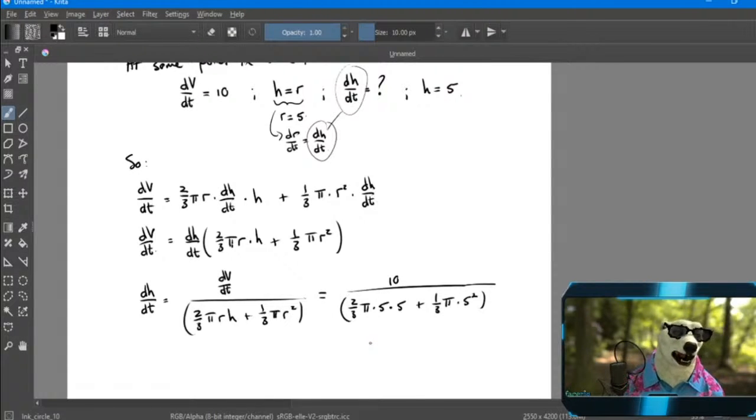I'll do it in the Discord chat if you want to see what that looks like.